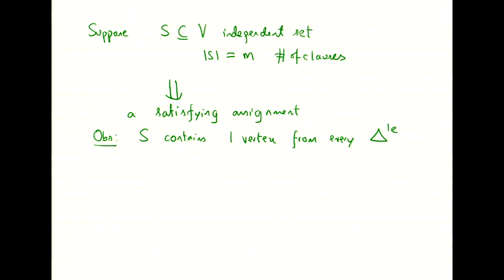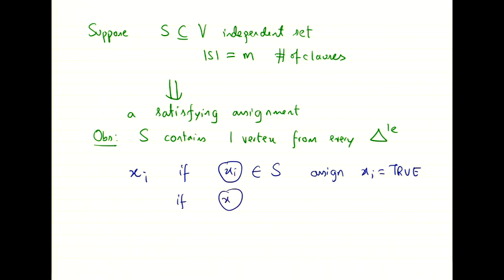So then you can define the satisfying assignment as follows. For each variable xi, if a vertex labeled xi belongs to S, assign xi equal to true. On the other hand, if a vertex labeled not xi belongs to S, then assign xi equal to false.